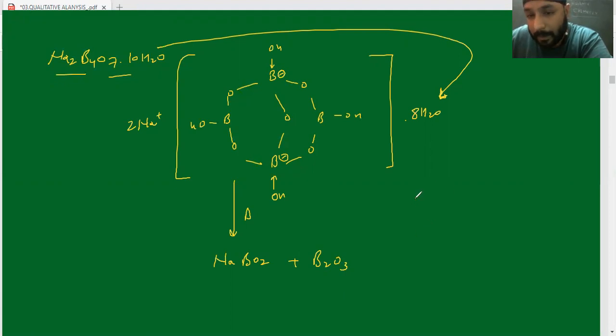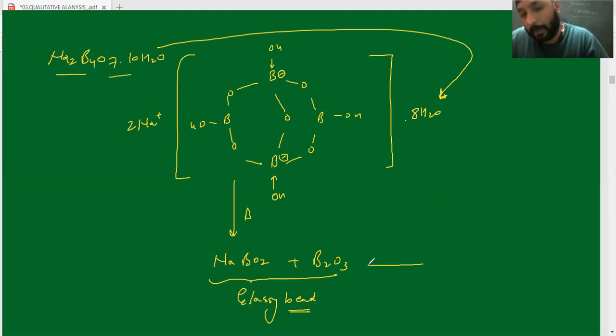Now, this sodium metaborate and this B2O3 together form a glassy bead. Getting it? So I have a bead type structure, like a small round shaped glassy bead. Now what I'll do is put a transition metal oxide over there.